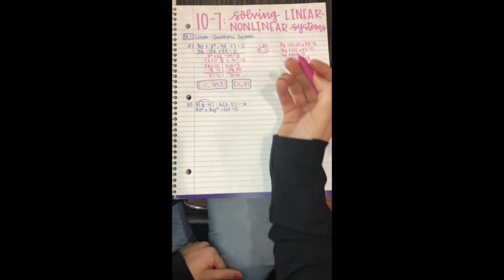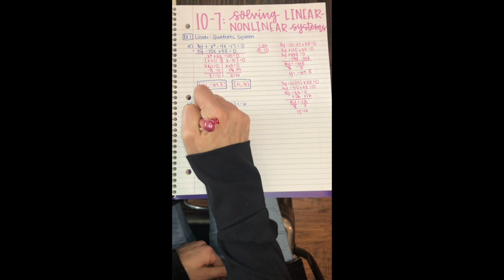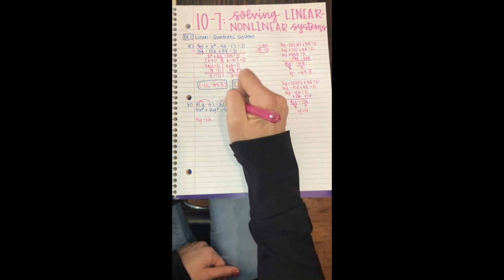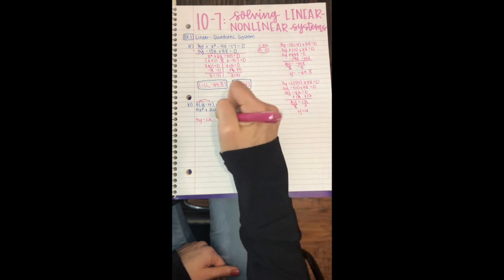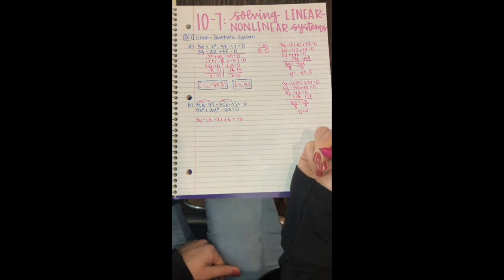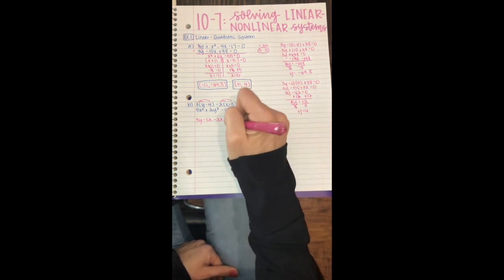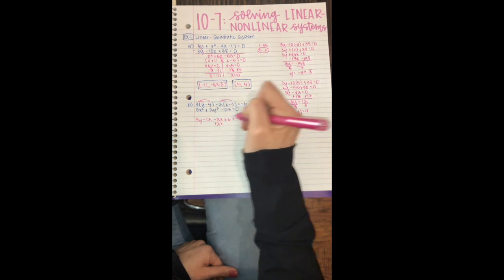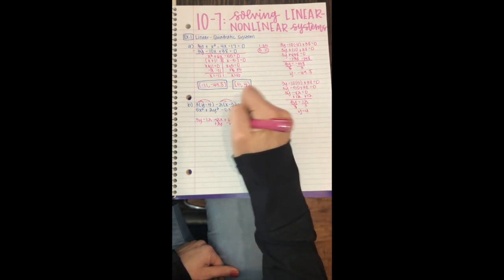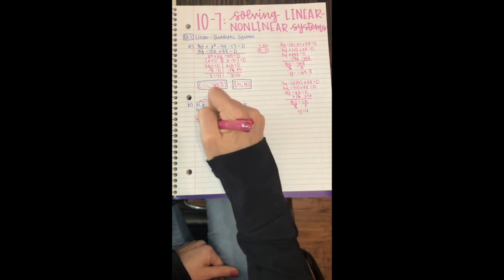So 3 times y is 3y. 3 times negative 4 is negative 12. Distribute the negative 2: -2x + 6 = -6. Now the job is to get y by itself. So we're going to add 2x to the other side, and that will cancel. We're going to subtract 6, and we're going to add 12.